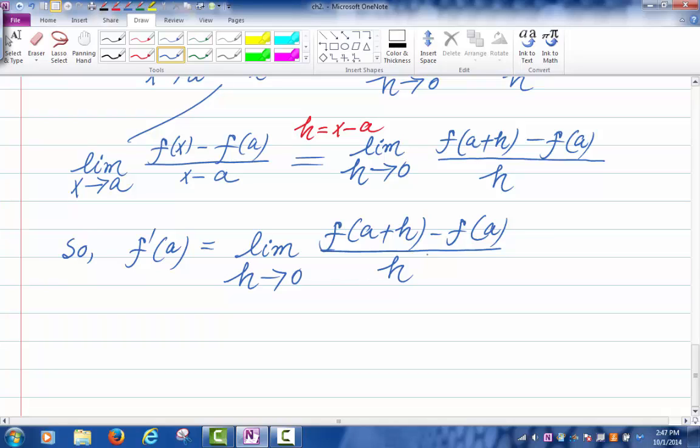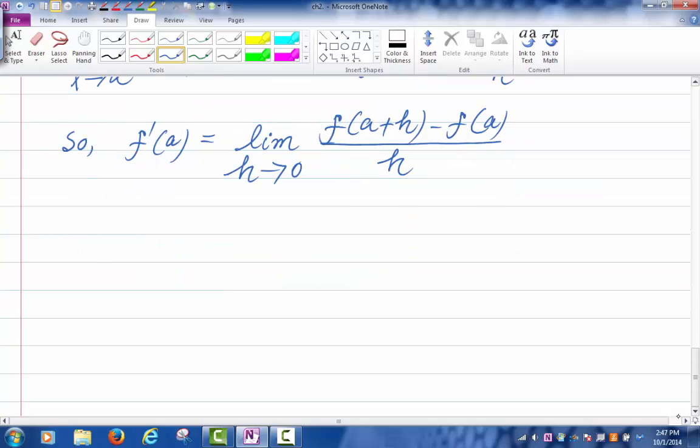Let's do an example of computing the derivative by using this limit. So let's say this time I have the function f of x equals root x. And let's say I want to find the derivative of f at, let's not take 2 because root of 2 is not nice.